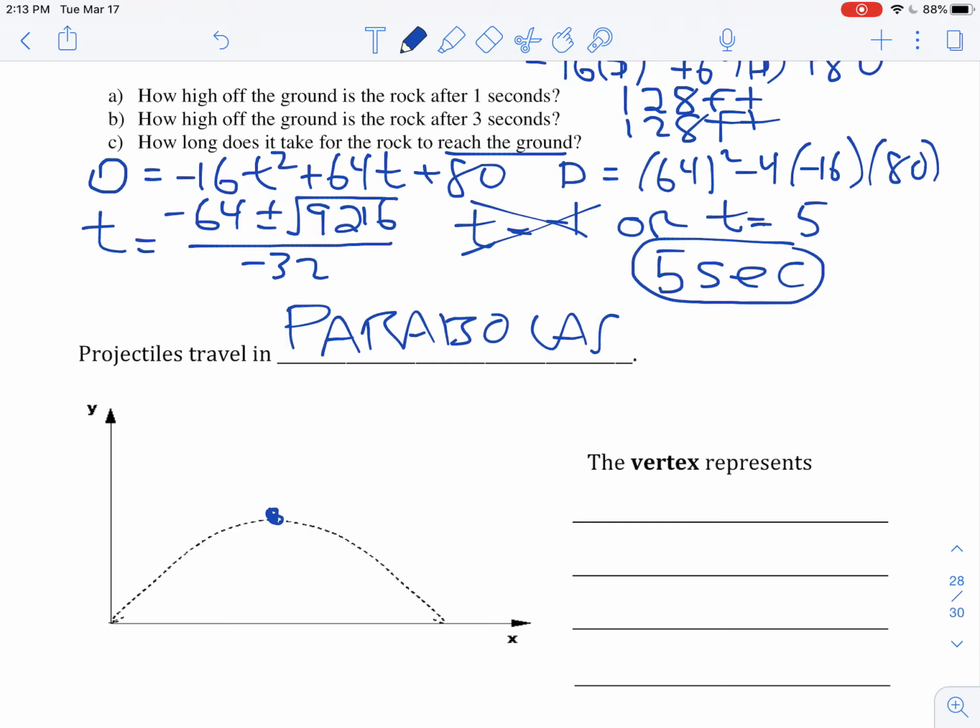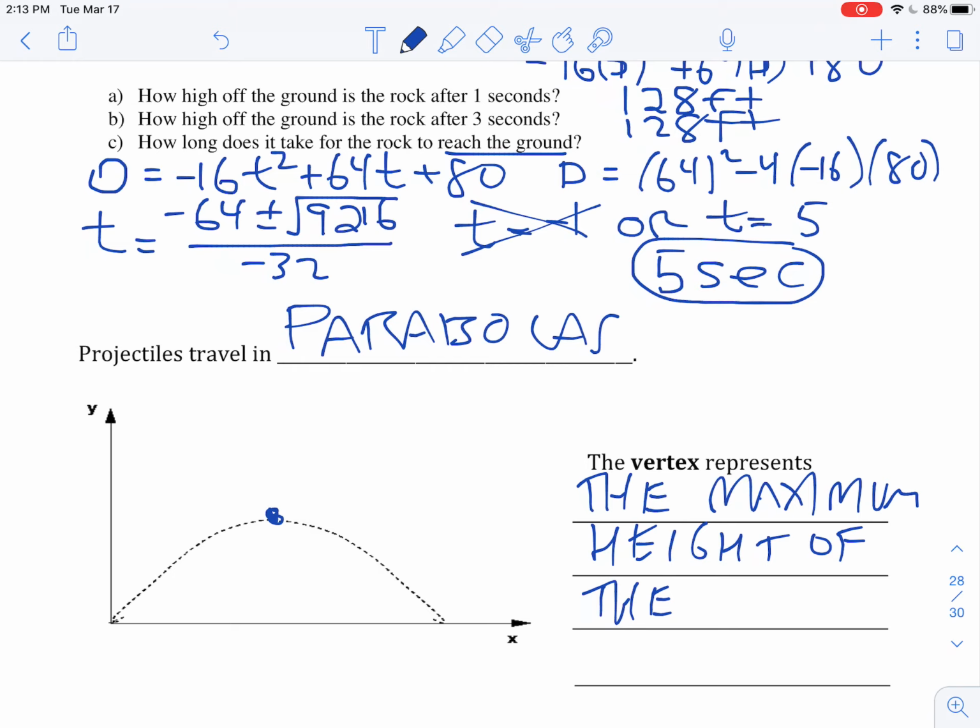That uppermost point is the vertex. And the vertex represents the maximum height of the projectile.